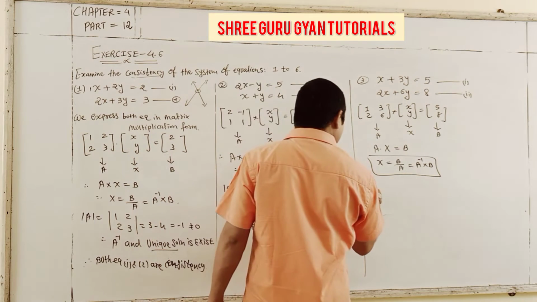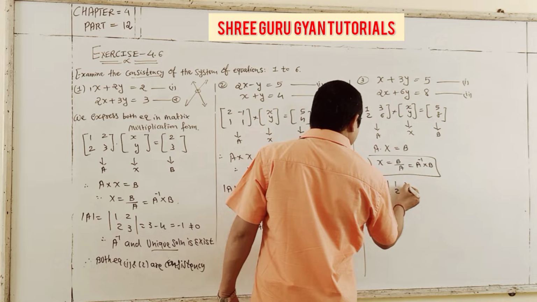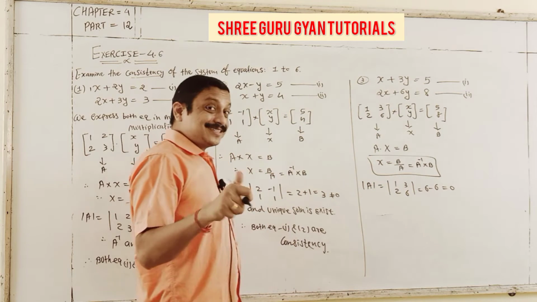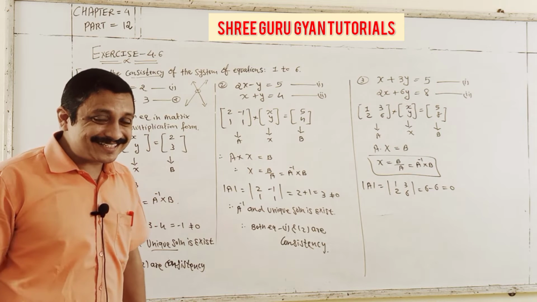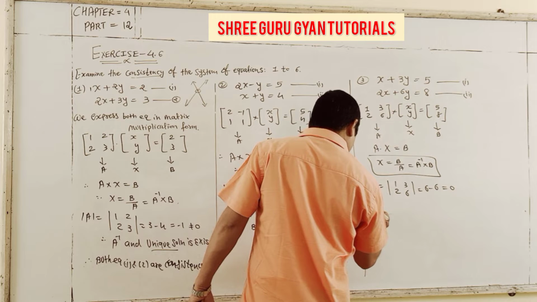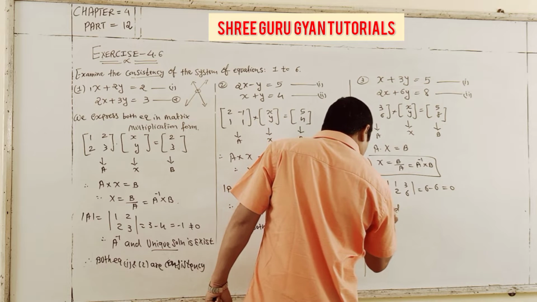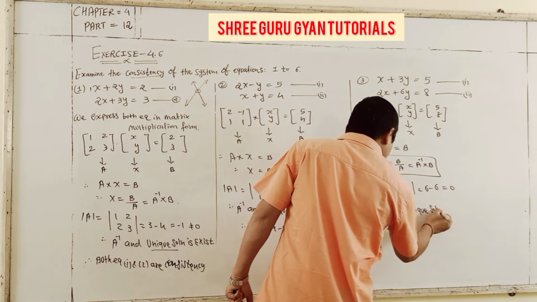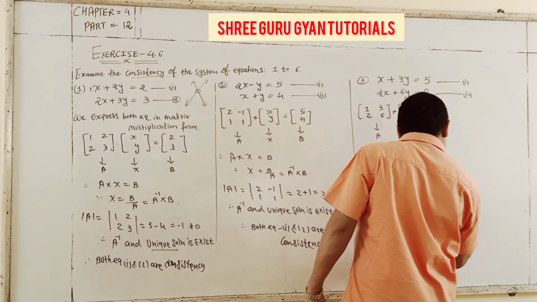So go to the determinant of A: 1 2, 3 6, it is 0. It is not consistent. A unique solution does not exist and A inverse also does not exist.